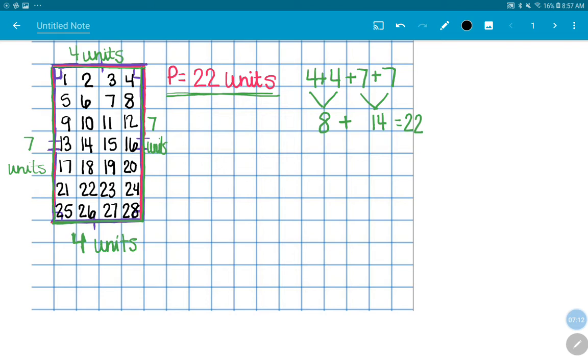There are 28 squares inside of my rectangle. So the area, I'm going to use the variable A for area, is going to be 28 square units.